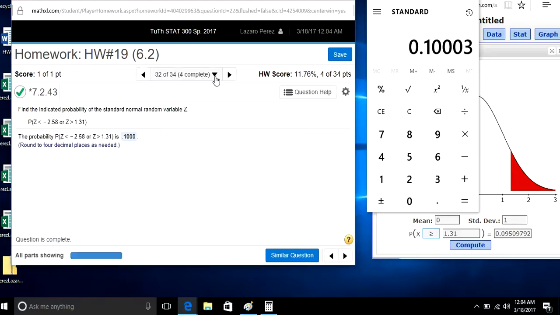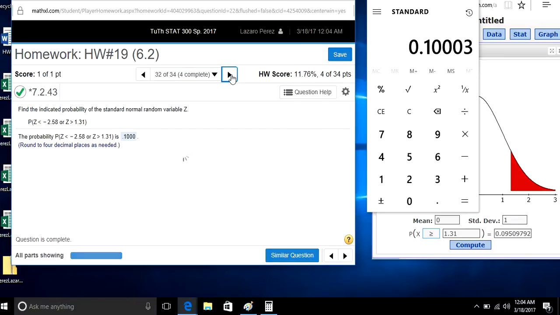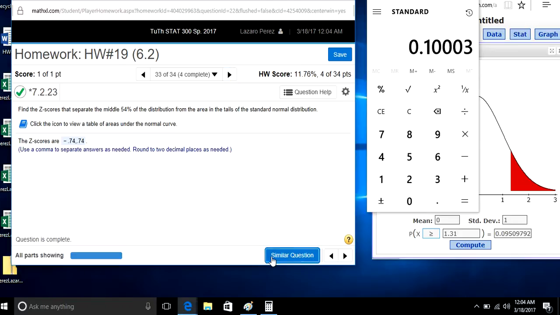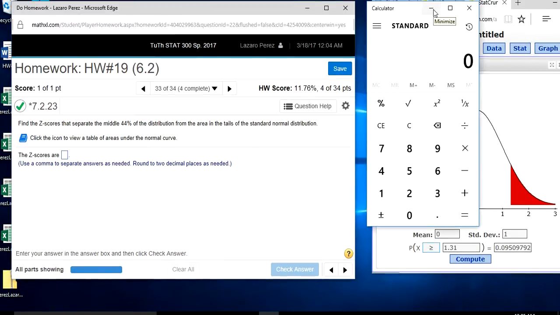All right, and the last question we're going to do is 33. This one says find the z-score that separates the middle 44% of the distribution. All right, so to do this question, if we know the middle 44%, what's outside of the middle 44%?